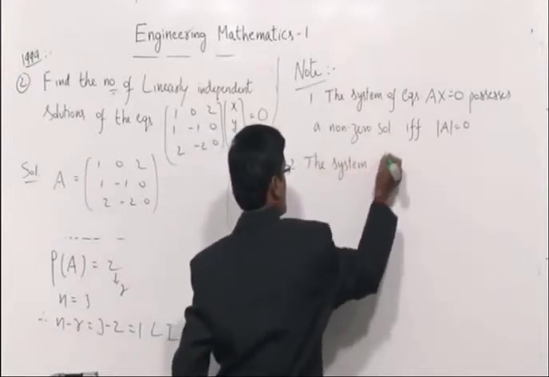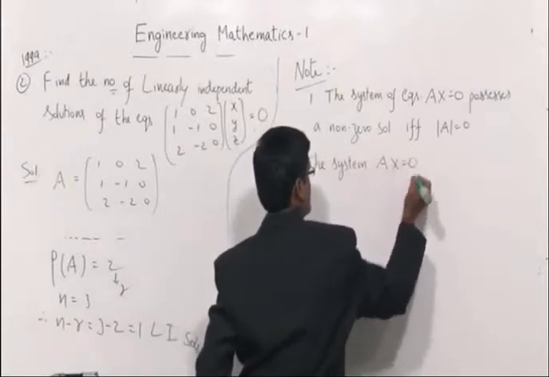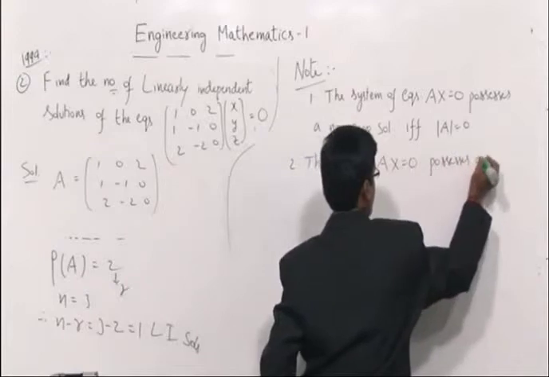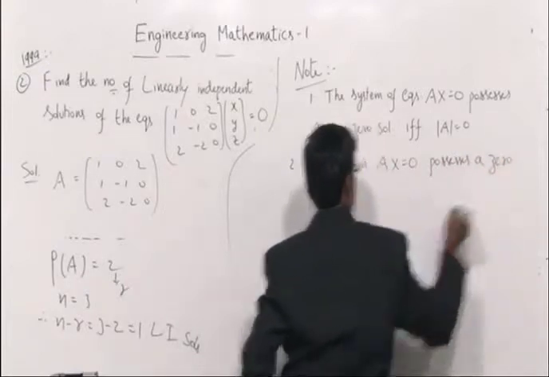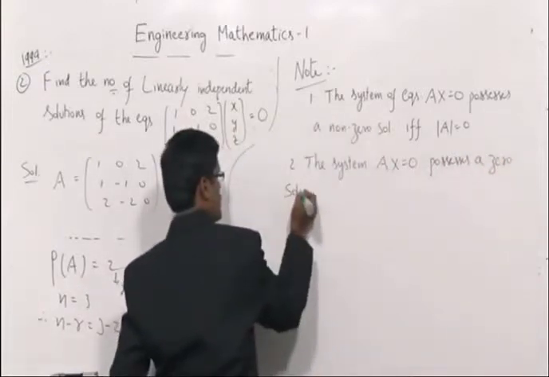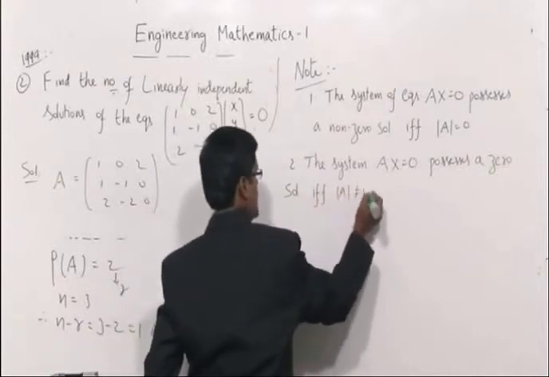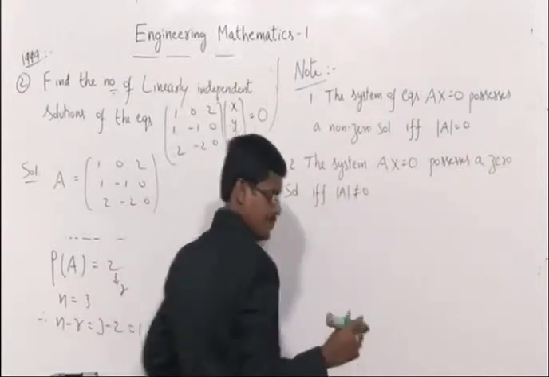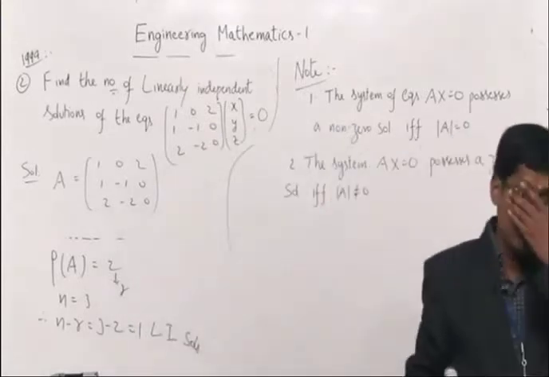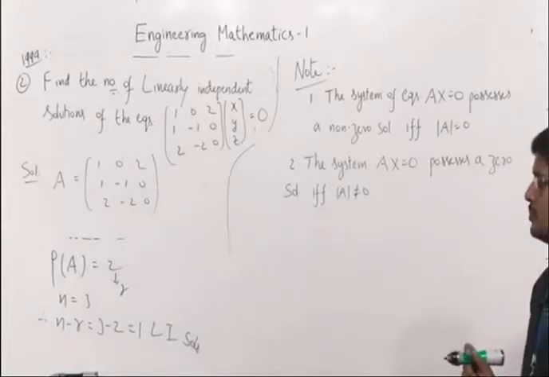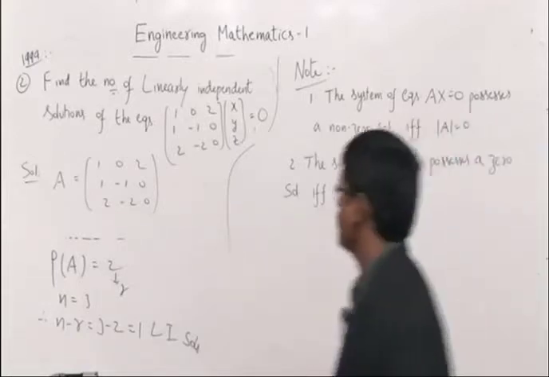The system Ax is equal to O possesses a zero solution if and only if determinant A is not equal to 0. Very important point, note point, make it down.